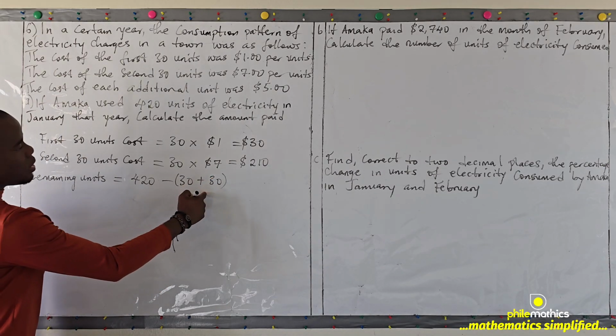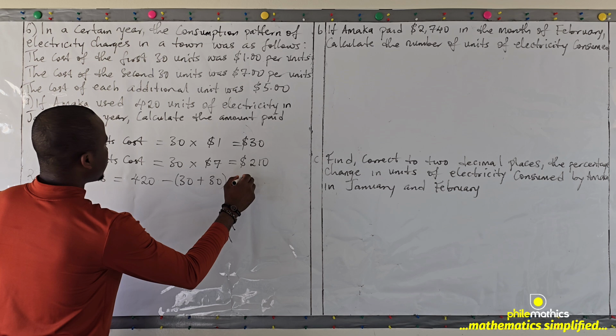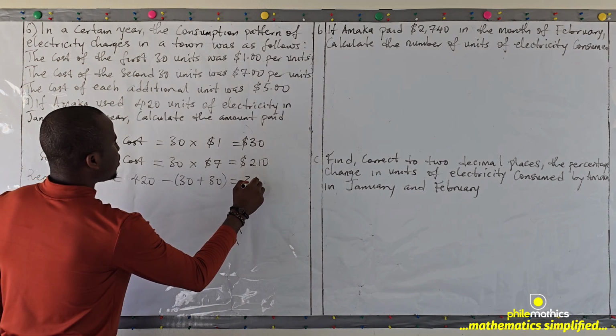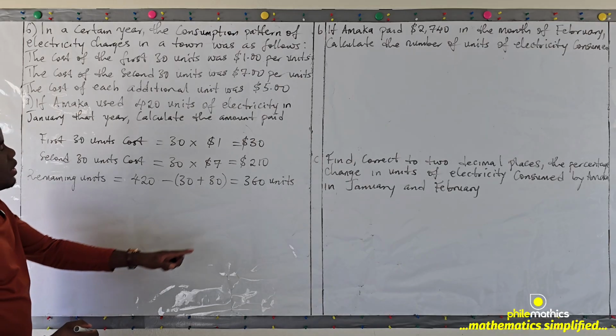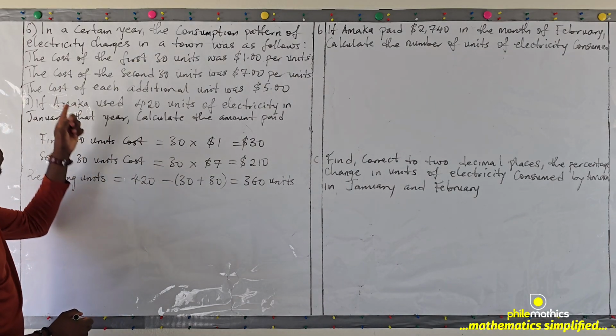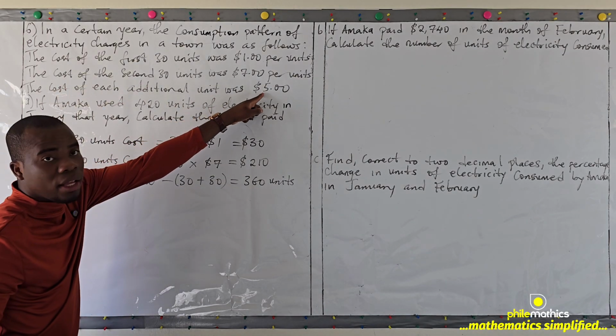So 420 minus 60, this is 360 units. So it is these 360 units that will be charged $5.